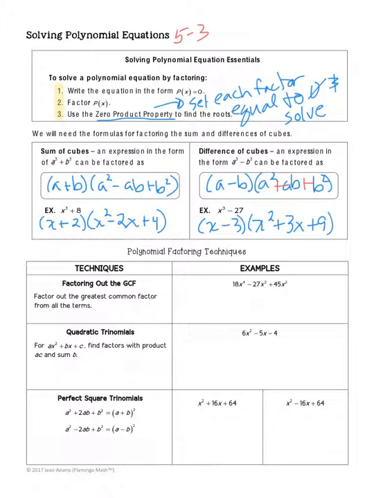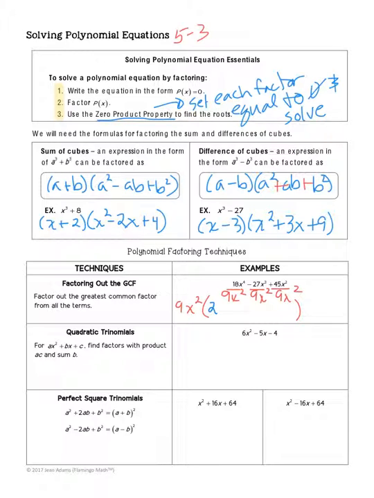Okay, so for factoring out the GCF, all three of these have a 9 and an x squared in common. And so that 9x squared gets pulled out in front. And then 18 divided by 9 is 2.